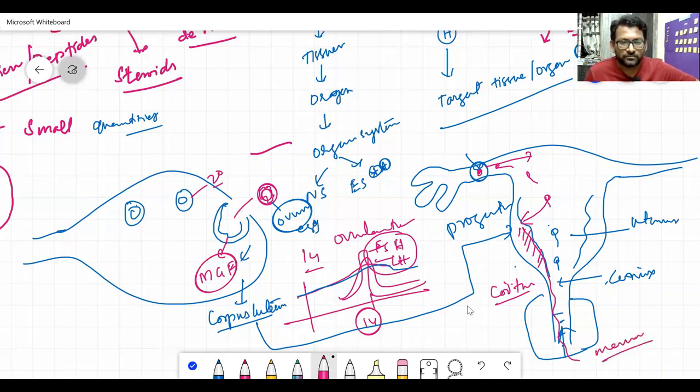It means that this corpus luteum would degrade. Progesterone, which is released by the corpus luteum, waits for implantation. If there is no fertilization, there is no implantation, so the corpus luteum degenerates. Once it is degenerated, the progesterone levels drop, and obviously this lining would be removed during menses, right?